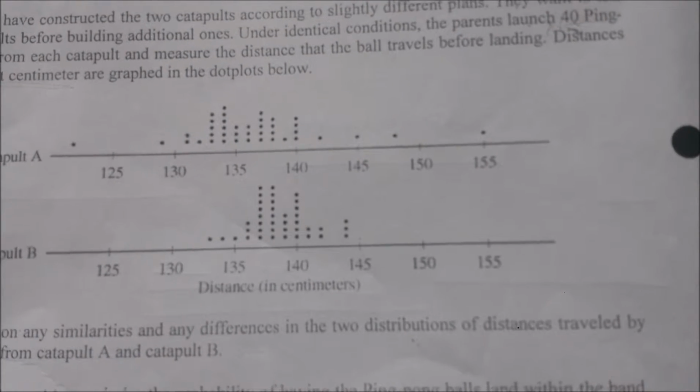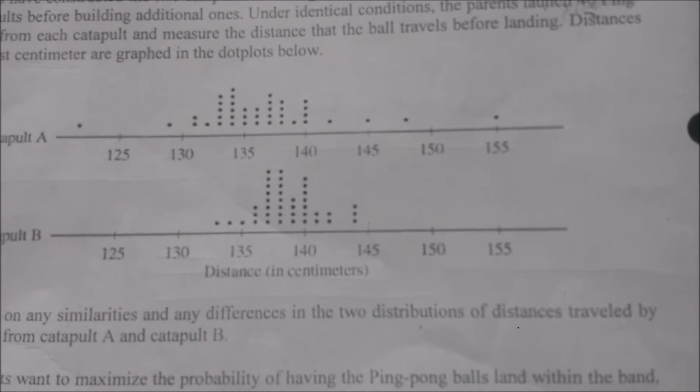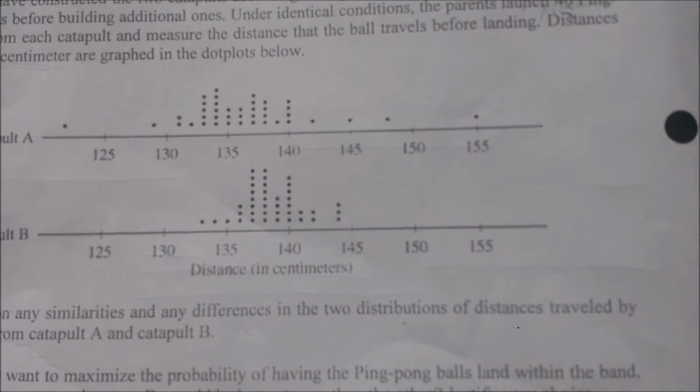The median for Catapult A is 136, unlike Catapult B, whose mean is 138.6 centimeters.